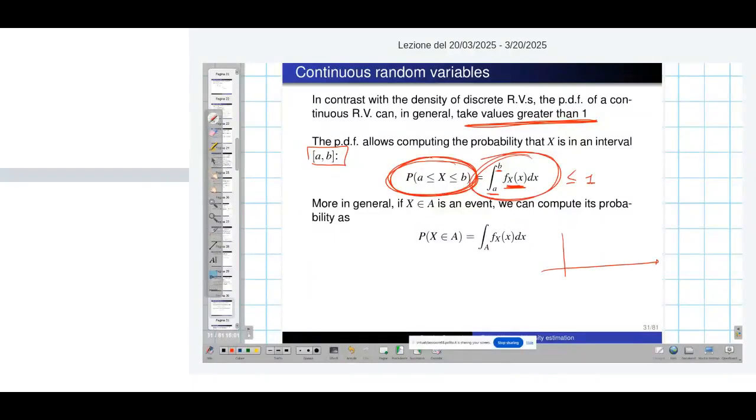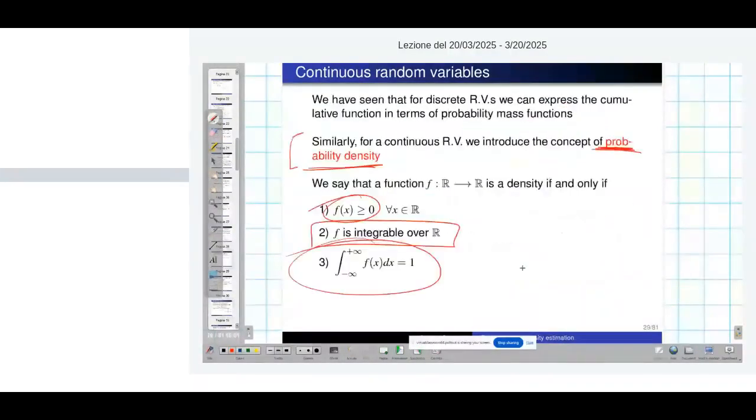For example, if I have a function that is defined between 0.9 and 1 and is 10 tall, then the integral of this function will always be lower or equal than 1, whatever I use as extremes. Why? Because the integral over the real line is 1, and since f is always positive, whatever the limits of the integral, it will always be lower or equal than 1.